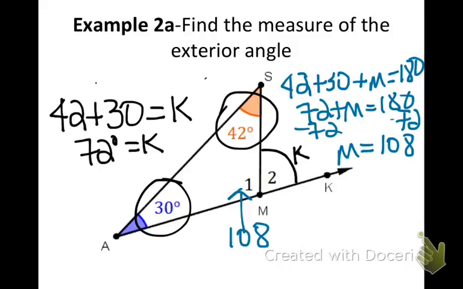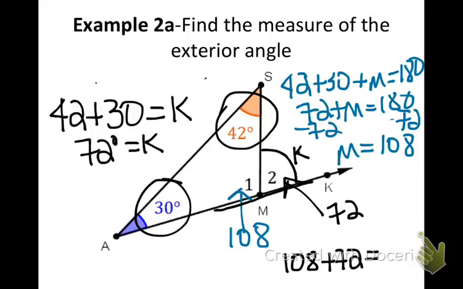And we just calculated that k equals 72. We know this forms a straight line, so as you remember, those are supplementary angles, and supplementary angles must equal 180. So let's check: 108 plus 72 equals 180 degrees.